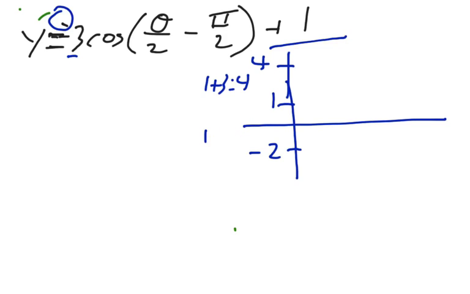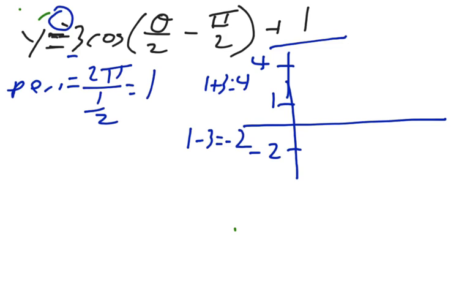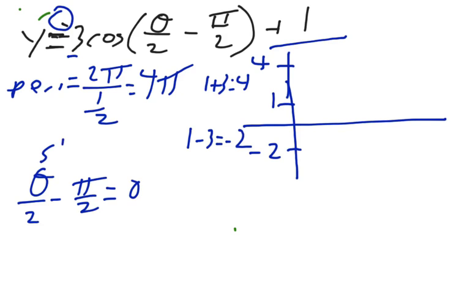So for my period, we have 2 pi divided by 1/2, which equals 4 pi. And theta over 2 minus pi over 2 equals 0, so I can find out where I'm going to start this cycle.